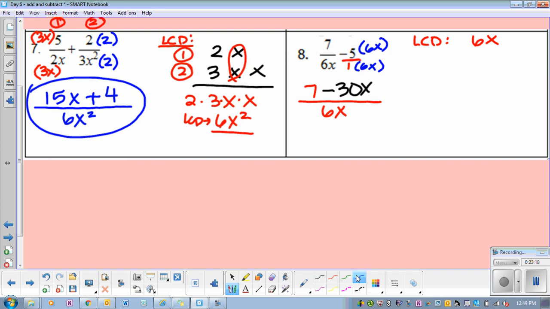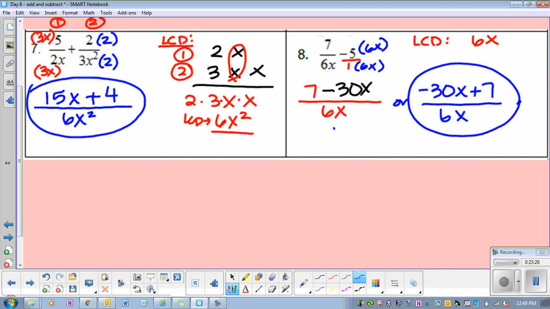So you could leave it like this, or you could change it to standard form. No, because this one is connected by a plus or minus. Remember, that means it can't be separated. The only way you can separate anything with a plus or minus is to factor it.